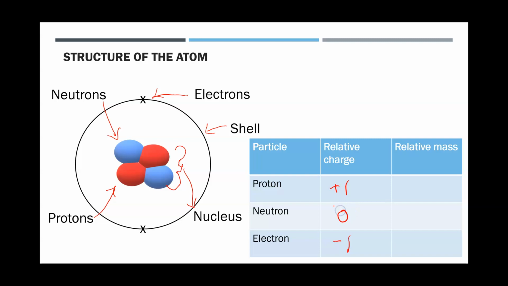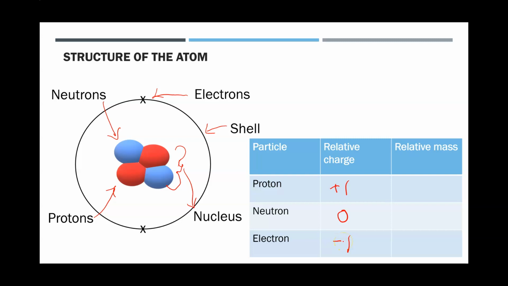You need to learn that if you're ever asked what the charge is, you can say positive, negative or neutral. But if you're asked for a relative charge, they're asking you for the number. So a proton is +1, our neutrons are 0 because they have no charge, and our electrons are -1 because they are negative.